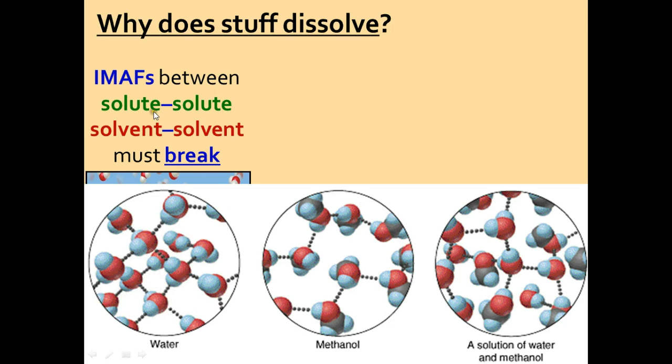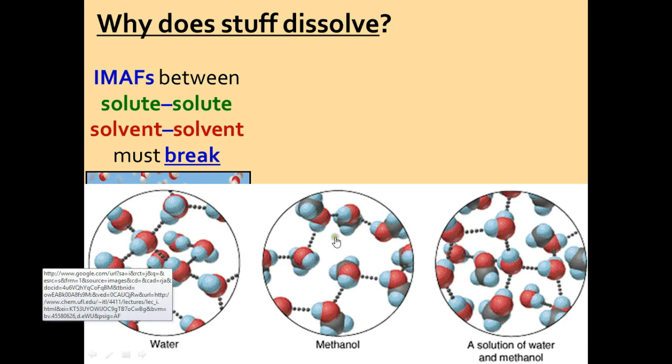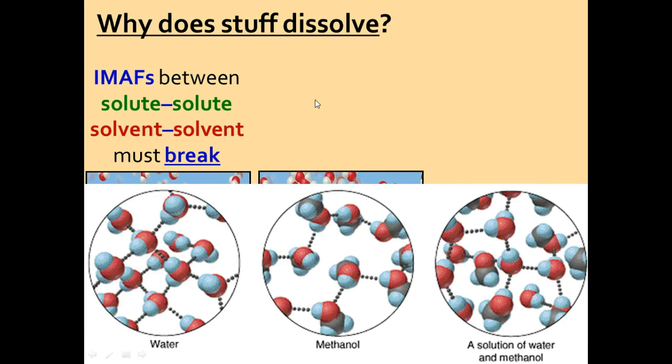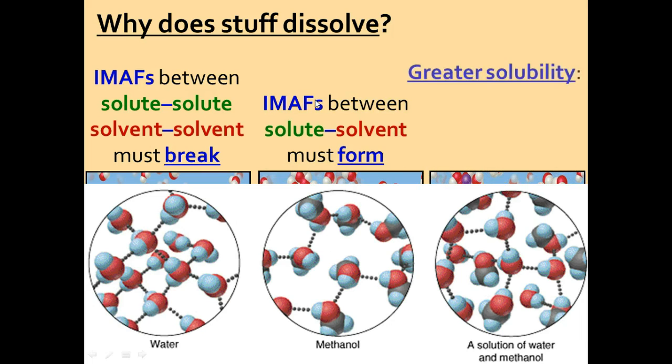And so these must break. We must break these IMAFs, and IMAFs between solute and solvent must form. You can think of it as having one group here and one group here, and they have to break their own connections and let the other intermix. They have to mix up, and that's how things dissolve.